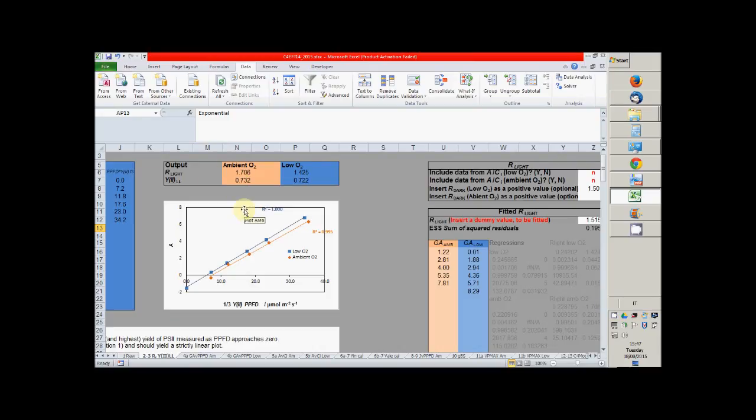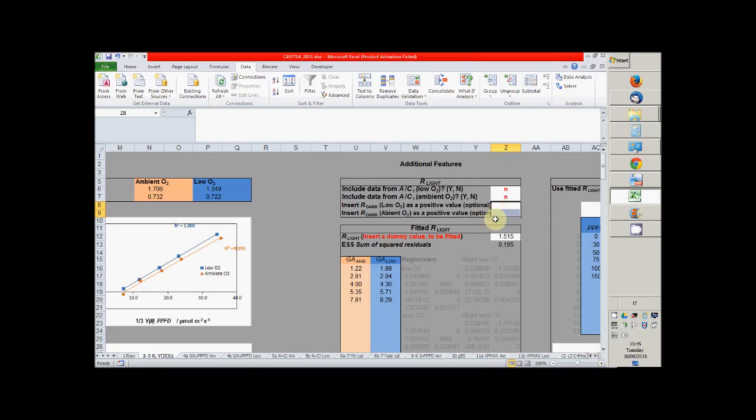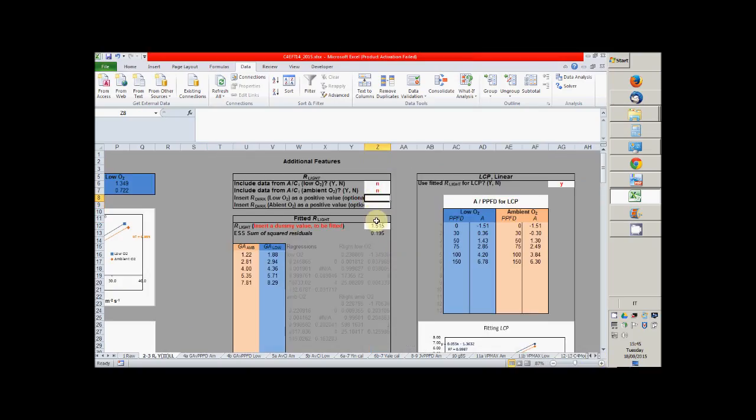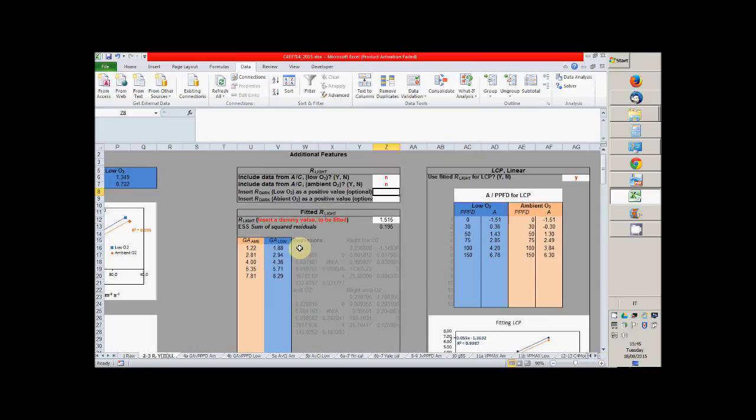Y2LL is calculated by fitting the initial part of the light curves.